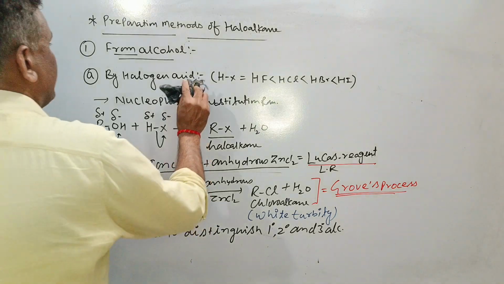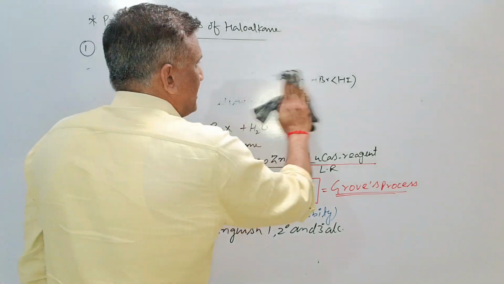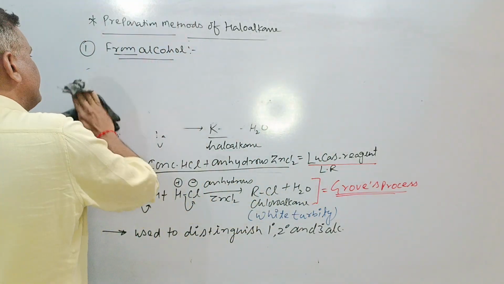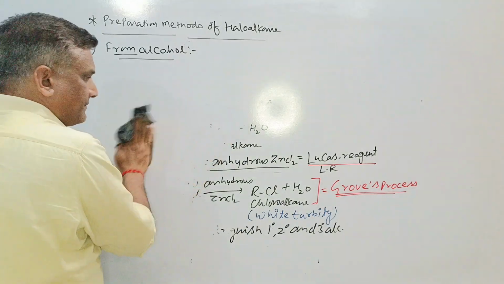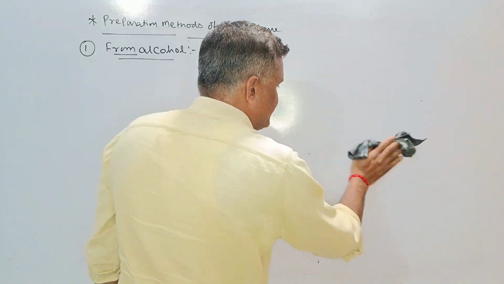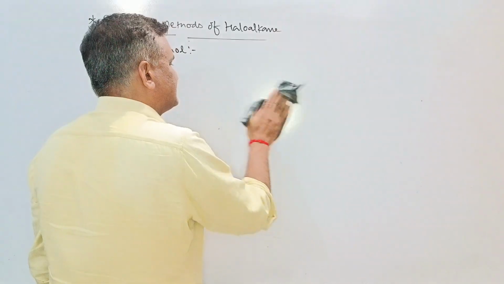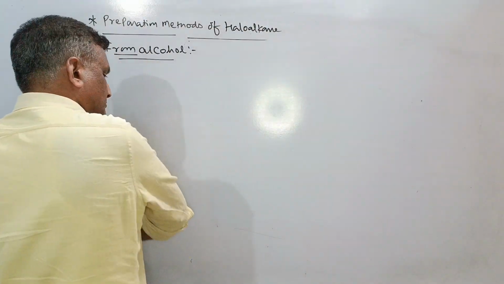So we'll go further. How can we distinguish 1 degree, 2 degree and 3 degree alcohol? It's very important. Here, in Lucas reagent, ZnCl2 acts as a Lewis acid, which is helpful to dissociate the C-OH bond.